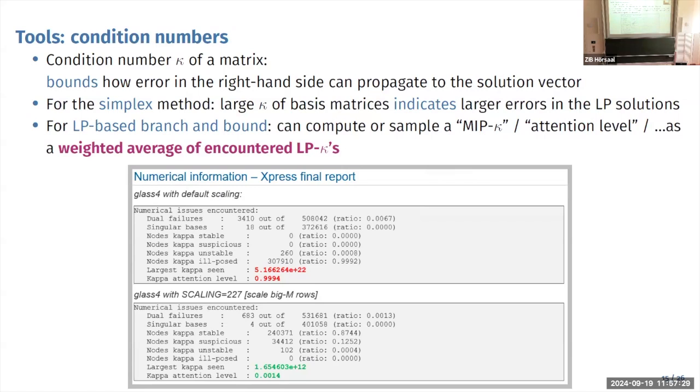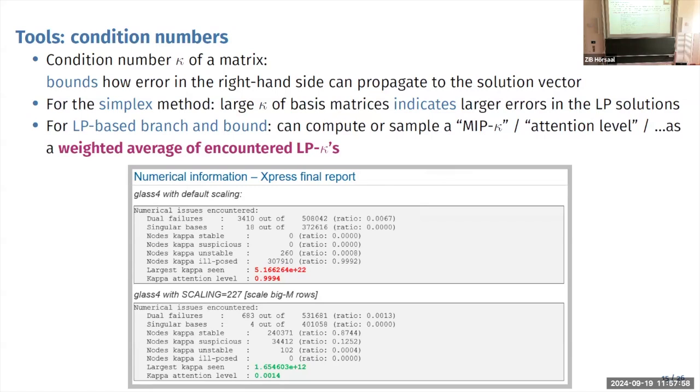That means that they could not even be inverted. And then how many were numerically totally stable, suspicious, unstable, ill-posed, so different degrees of troublesomeness, and then they average this and give you some single number which tells you how much attention you would need to pay to the numerics of this problem.